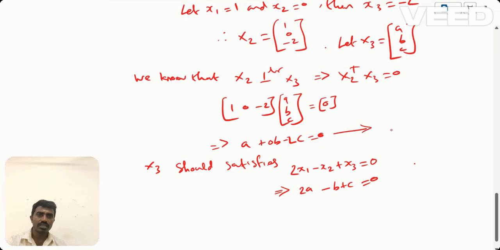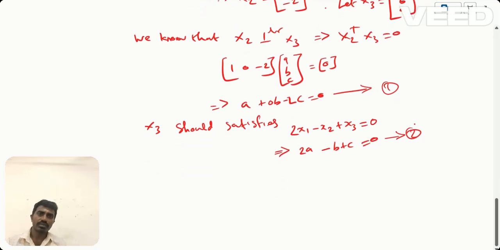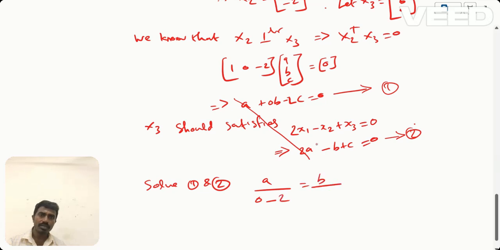Now consider these equations and solve, then we get the values of ABC. Solve 1 and 2 using the same cross ratio method. So to find the value of A, remove the first column, then find the remaining determinant. So then what do we get? 0 minus 2, which is equal to B by minus B by. Always put minus in front of the second variable.